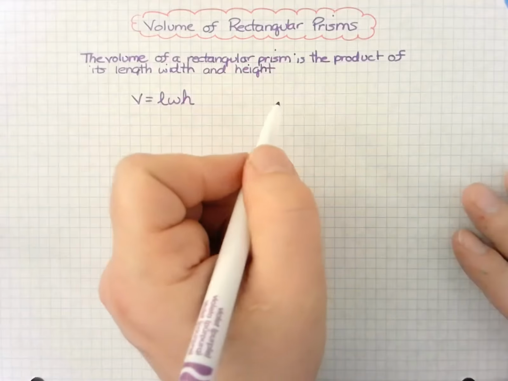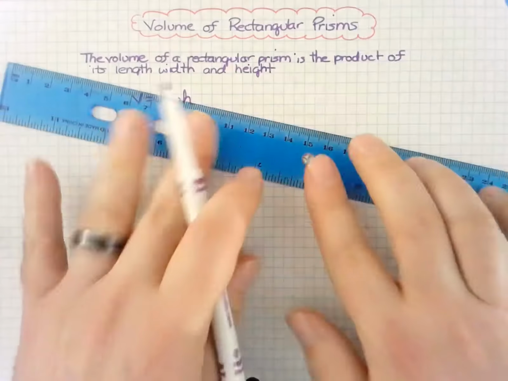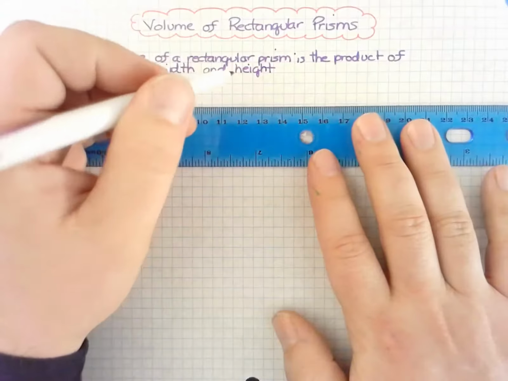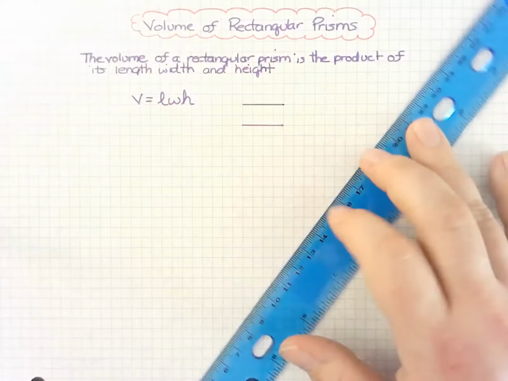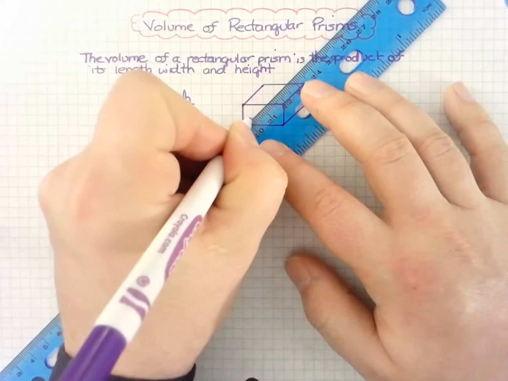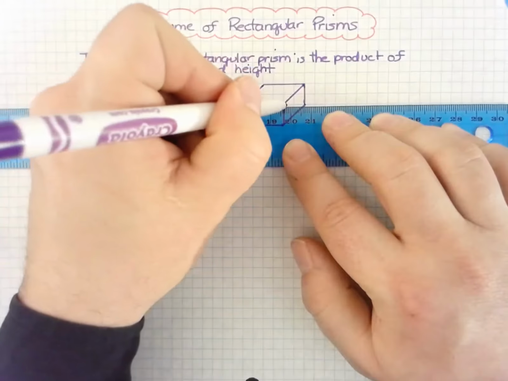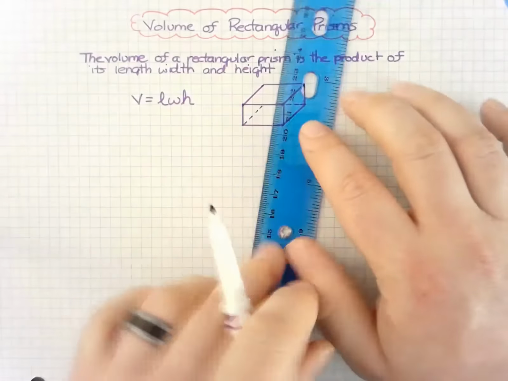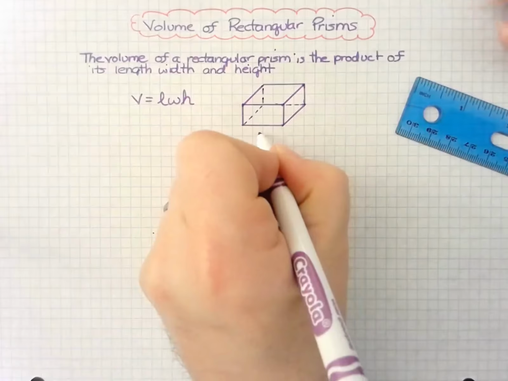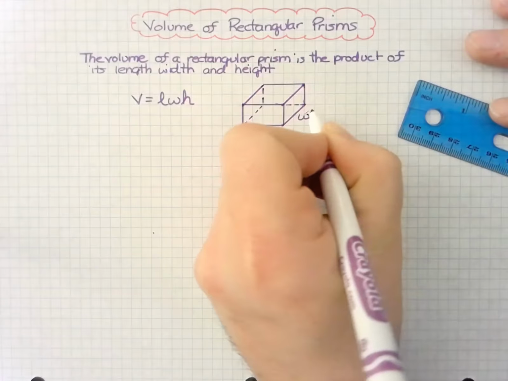So what does that look like visually? So we've got our length, our width, which sometimes we call depth, and then our height.